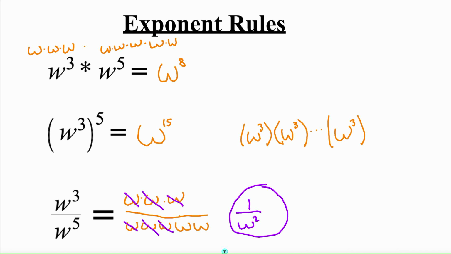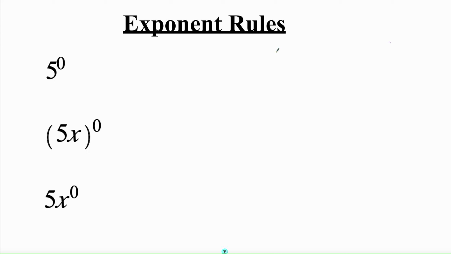So there you go. So for more exponent rules, we have that 0 exponent property, and that says that anything to the 0 power is 1. And so since 5 is to the 0, it's 1. And in the second example, because of these parentheses, that means everything in parentheses is to the 0 power. So this is also 1.